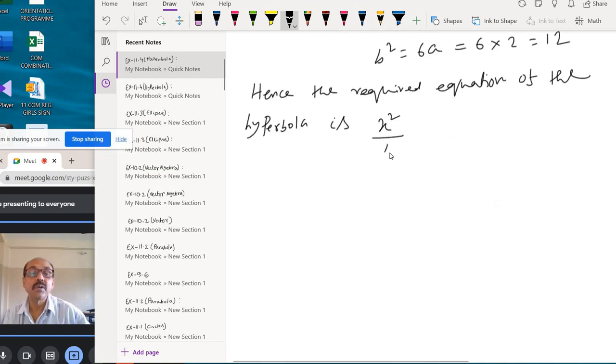So x square by 4 minus y square by 12 equal to 1. This is the answer, the required equation of the hyperbola.